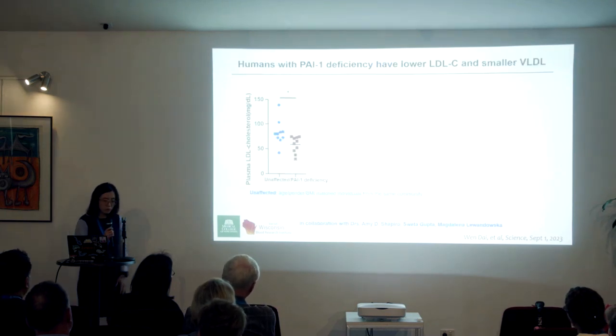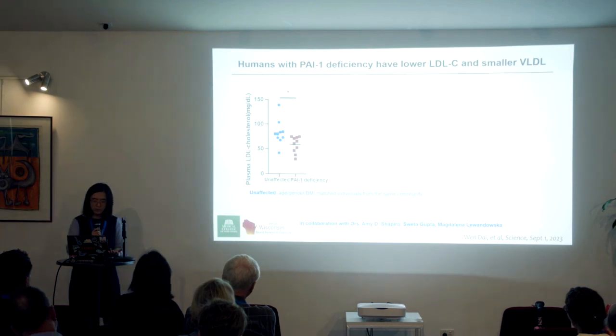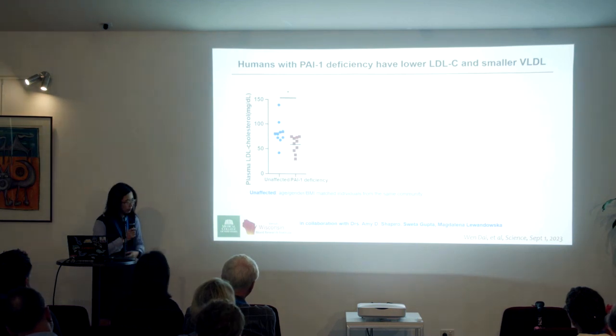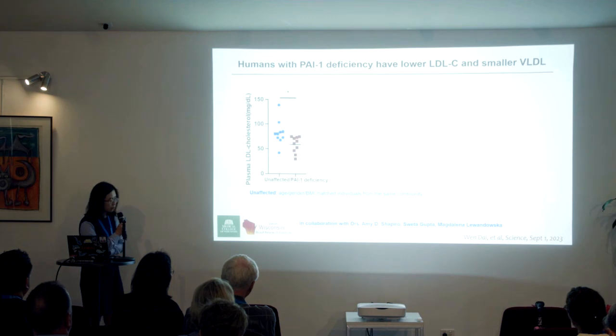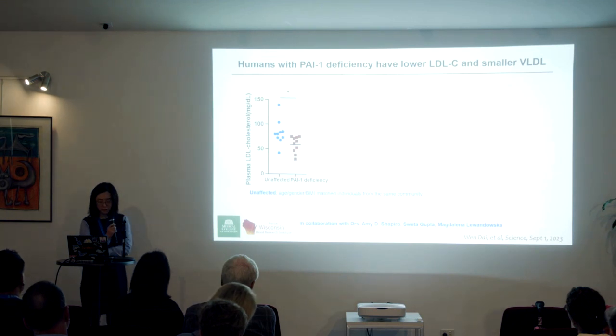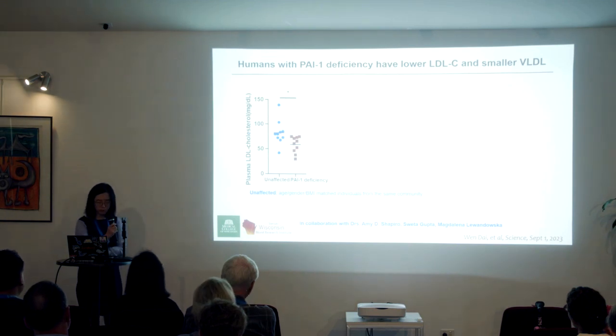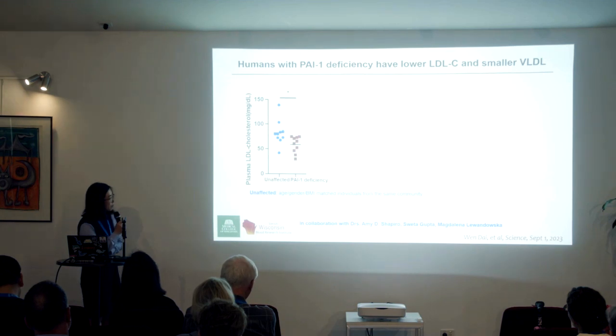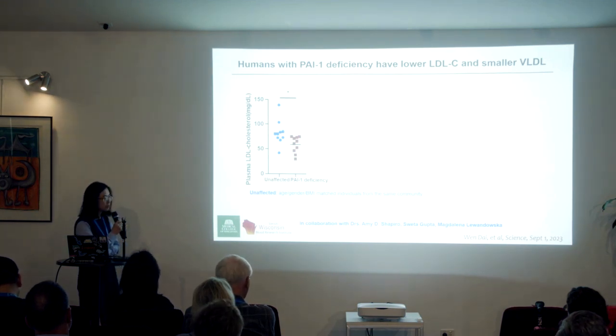Then we want to know whether this mechanism is really conserved in humans, not only in mice. So we collaborated with Dr. Amy Shapiro and her colleagues at the Indiana Bleeding Institute, where they treat patients with homozygous PAI-1 deficiency.